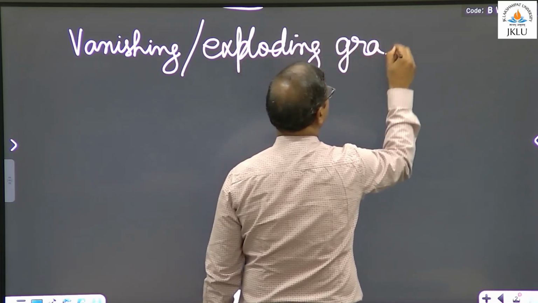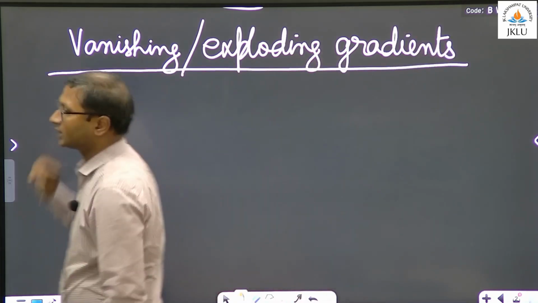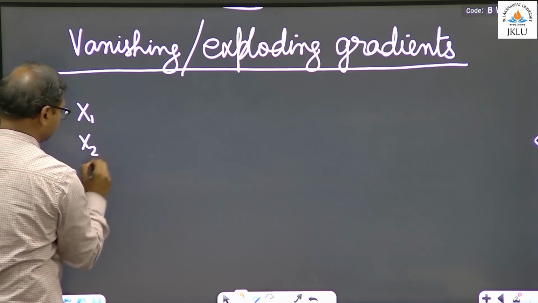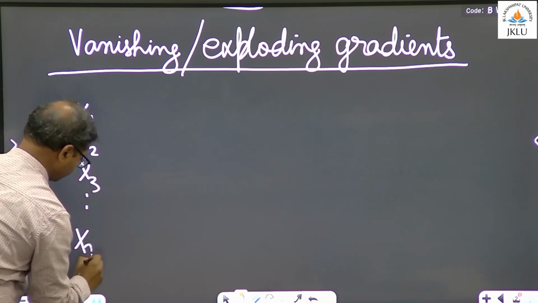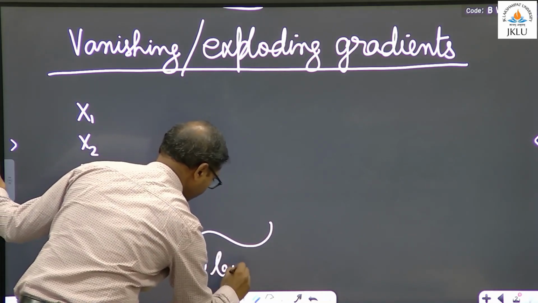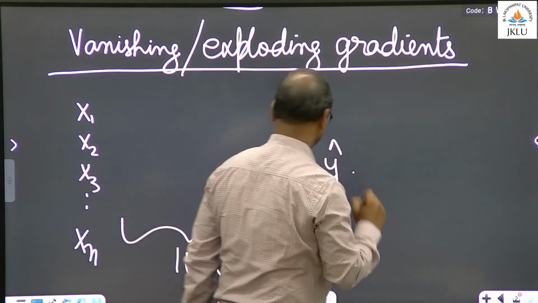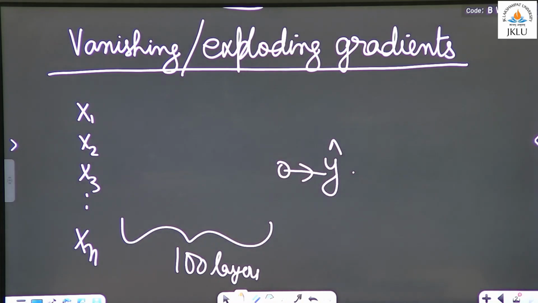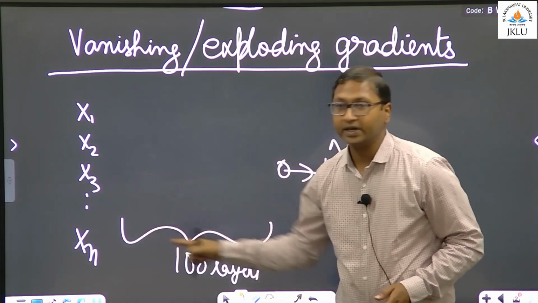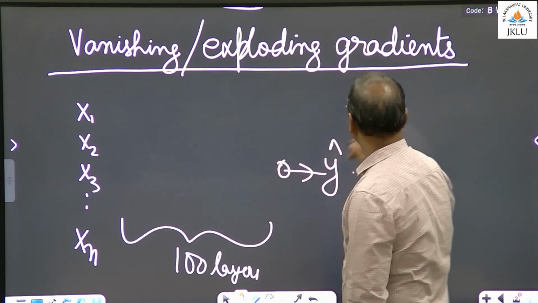Have you heard of vanishing or exploding gradients? I have x1 to xn as input, I am doing binary classification, and I have 100 hidden layers in between.